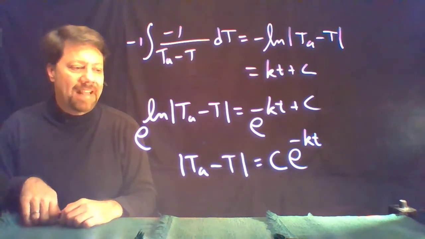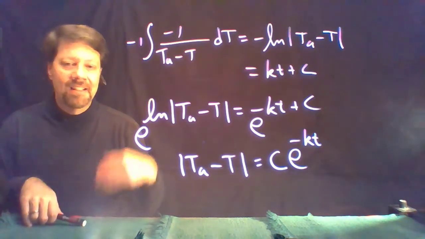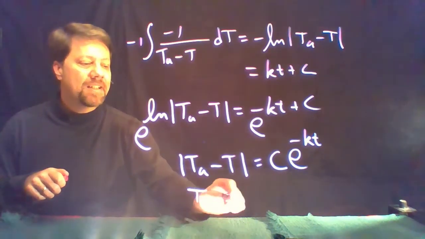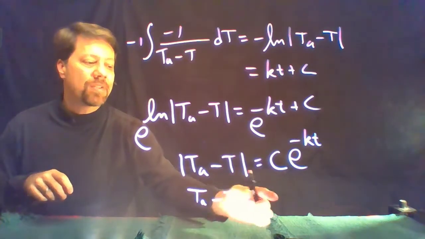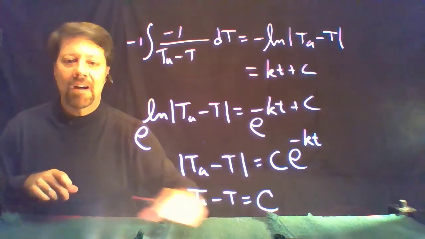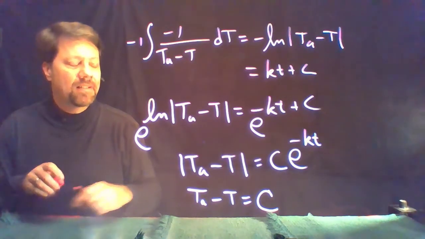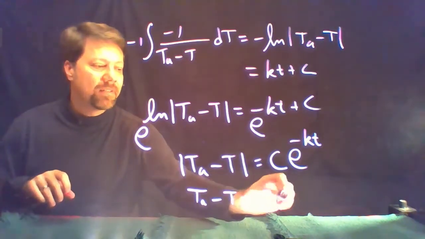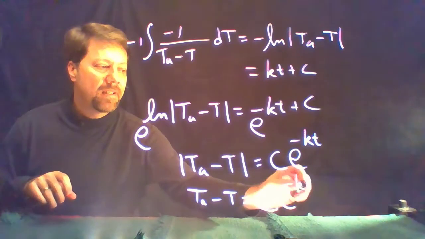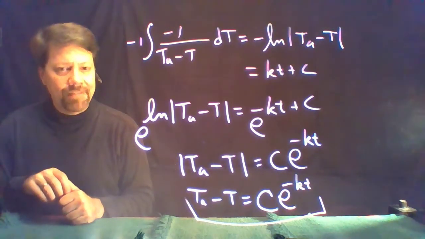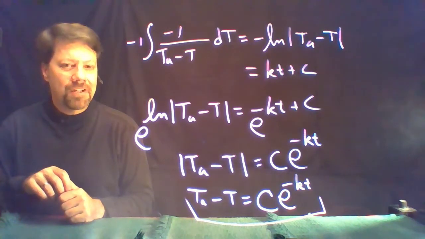Now, we need to get rid of the absolute value. To do that, we get a plus or minus. So the ambient temperature minus the temperature of the cooling object is plus or minus C, which I'm going to replace by an arbitrary constant C, not an arbitrary positive constant, but an arbitrary constant now, times e to the minus kt. And this gives us a one-parameter family of solutions to the original differential equation.